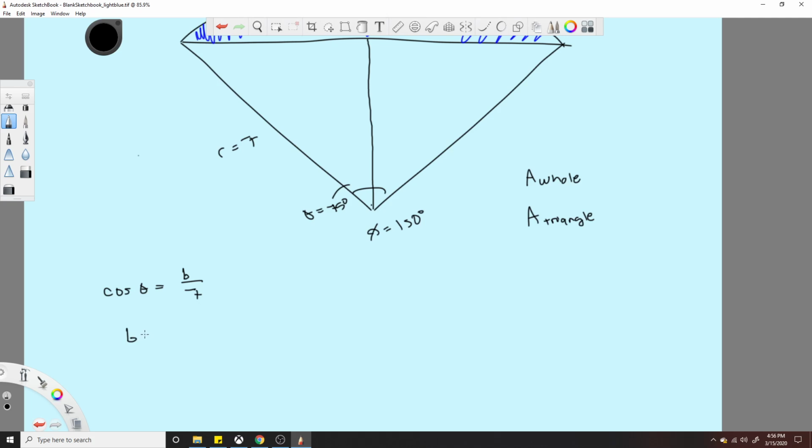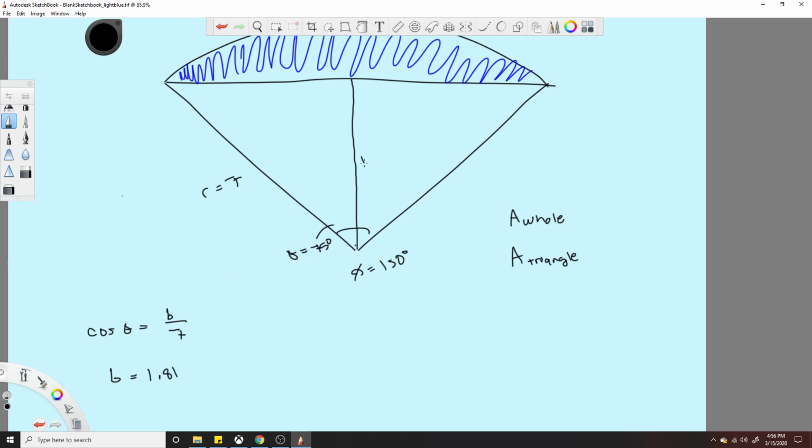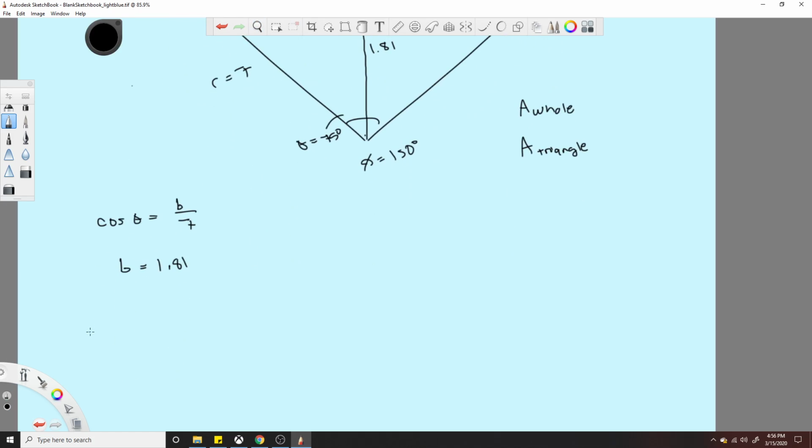So our base is going to be equal to, plugging in that 75 for theta, it's going to be equal to 1.81. We have a 1.81 here. We can get this, we'll call it the height value.